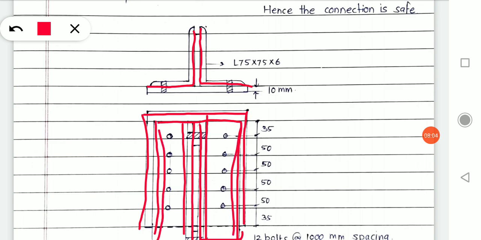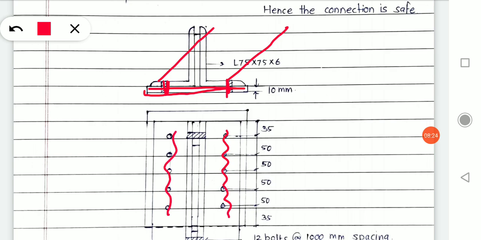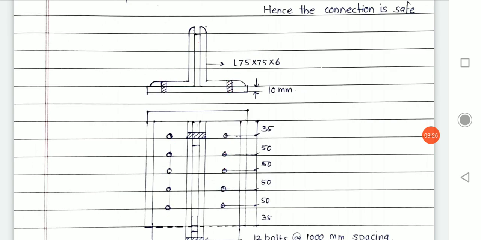Okay, now I have used 5 number of bolts to connect this angle with main gusset plate. Okay, 5 on this side, 5 on another side. So you can see here in plan I have 5 bolts on each side of your angle.